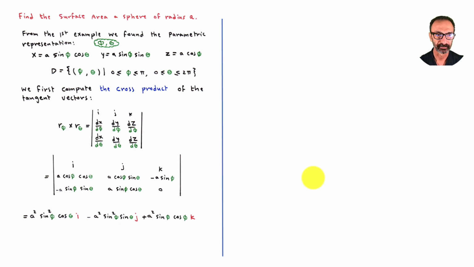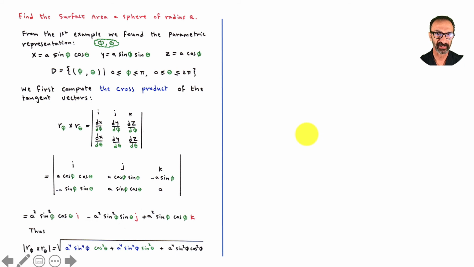Once you're done, we need the magnitude, because the magnitude will give me the area. The magnitude of the cross product is the area of the parallelogram formed by the vectors on the plane before the cross product. So how do you find the magnitude?